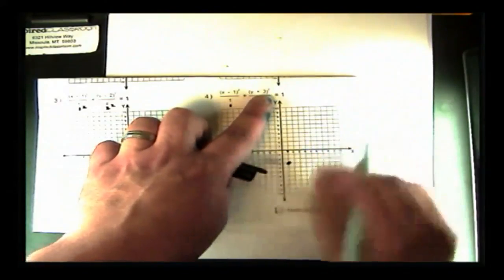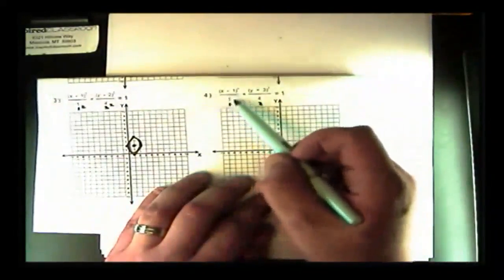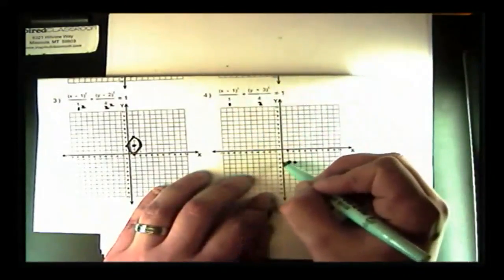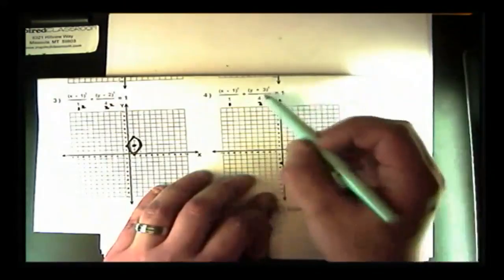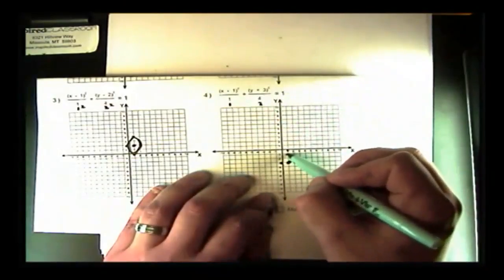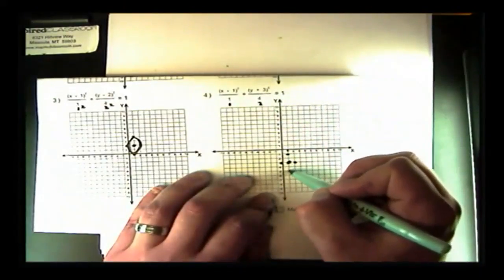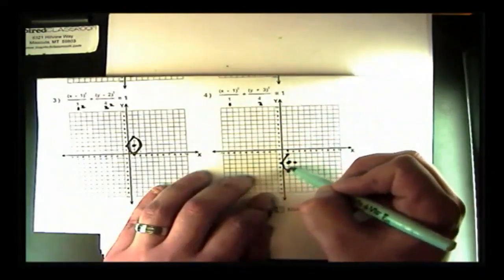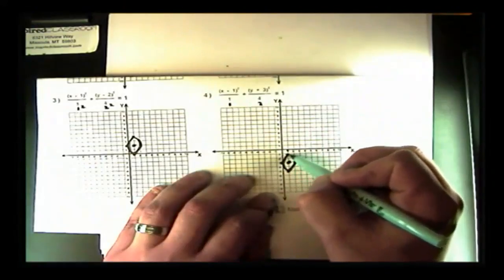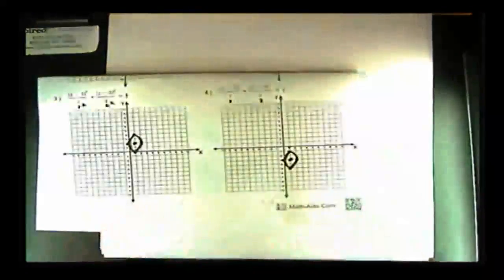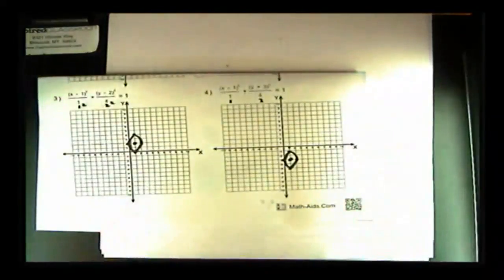There's my center right there. And then I simply count. Here I have 1 squared, so in the x, horizontally, I come out 1. And in the y, I have 2. So there's that, and right there is my ellipse.